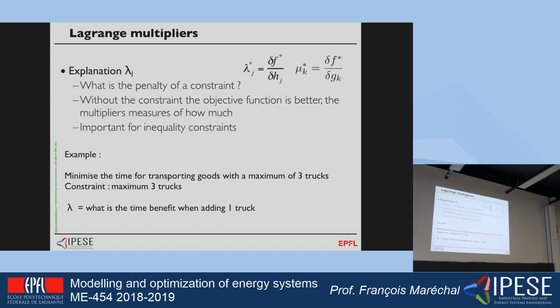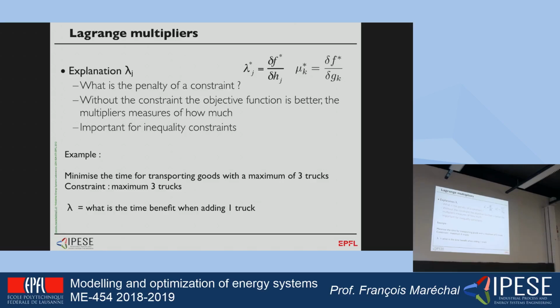So it means that if the equality constraint is pushing more, then the function is going to change. So the example is when we were talking about transporting goods. So what will be the change in the cost if I'm buying a new truck to transport the goods? This is the expression of the lambda, okay?